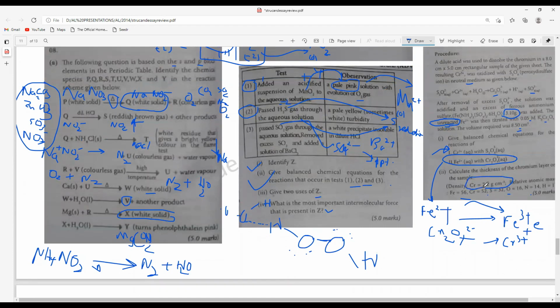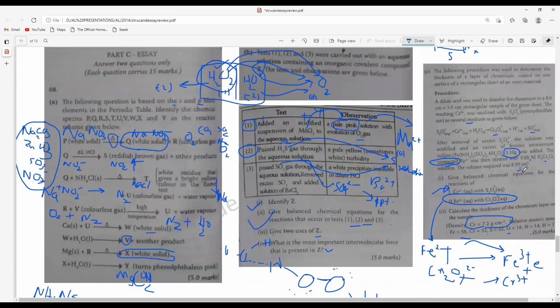This is to find the mass of the chromium that is present in the thickness. Because you know the area, 8 into 5. So if you think the thickness is x, it is basically 8 into 5 into x. So you know the volume. They have given that for 1 cubic centimeter, the chromium weight is 7.2.